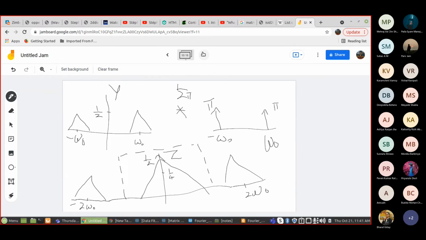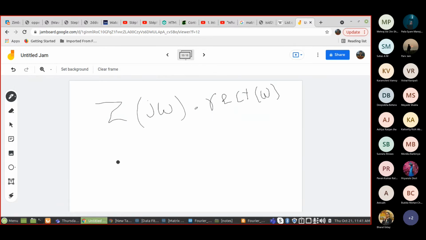So that is multiplication in the frequency domain, and in the time domain you are doing this: z(t) we are convolving with the sinc function. These two form a Fourier pair and these two form a Fourier pair.